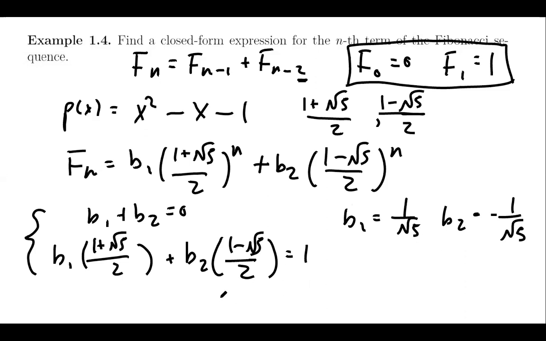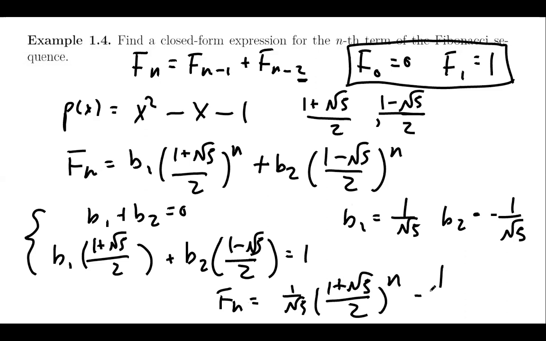And that means that Fn equals 1 over root 5 times this thing minus 1 over root 5 times this other thing. All right, so now we have a closed form for the Fibonacci sequence. And if you're curious, you can plug in a few values for n on your own, but this will give you the nth term of the Fibonacci sequence.